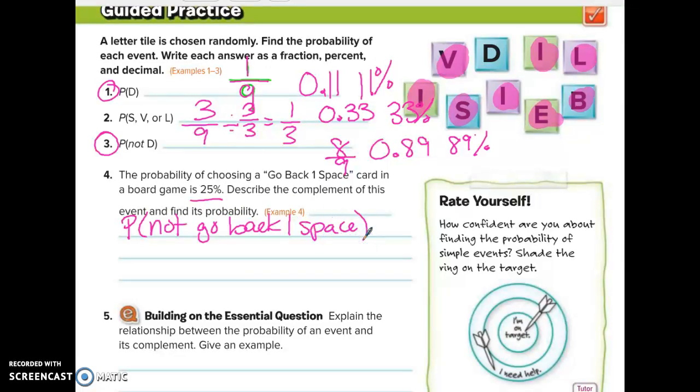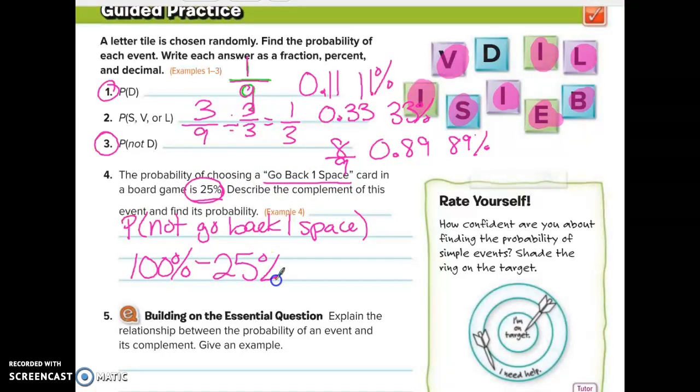Since complementary events have to equal 100%, I'm going to take the 100% minus the percent of actually selecting a go back, which is 25%, and that will give me the probability of not selecting a go back. So 75% should be my final answer.